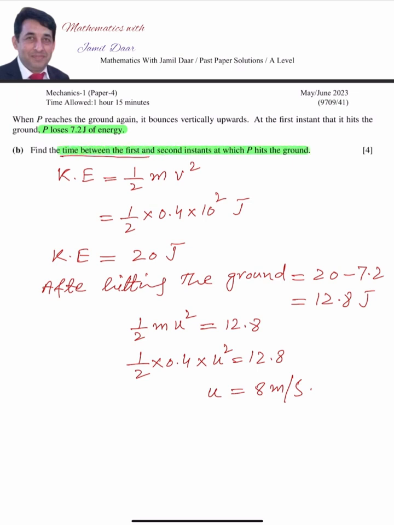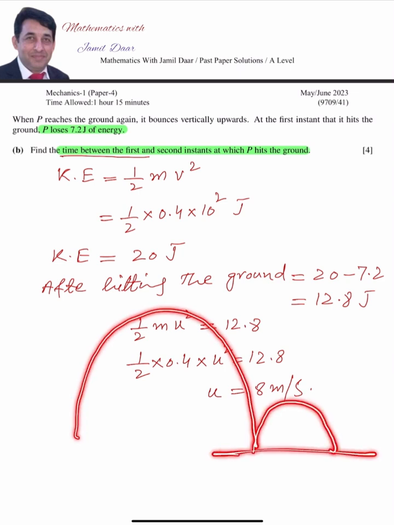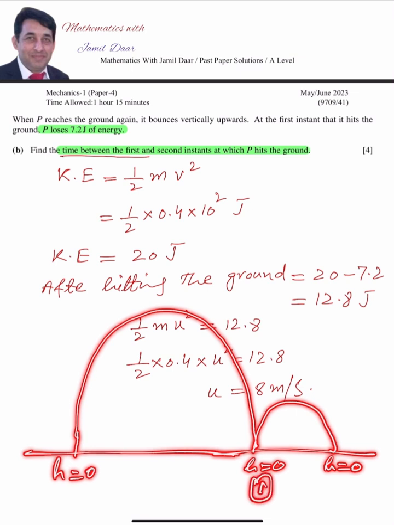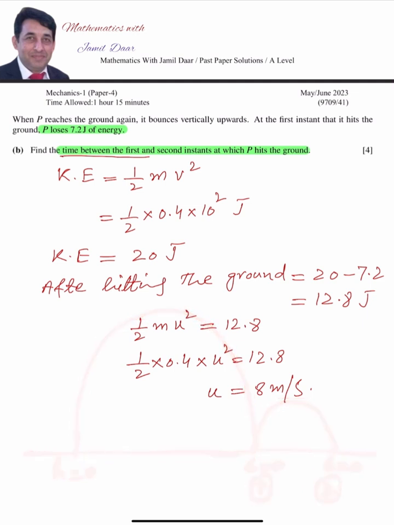When it will hit the ground, that means at hitting time, the distance is 0. The height is 0 here, height is 0 here. Even when it started first, height was 0. And at the first bounce and the second bounce, the height is 0. So that means S is 0. So we'll use S is equal to ut plus half at square.